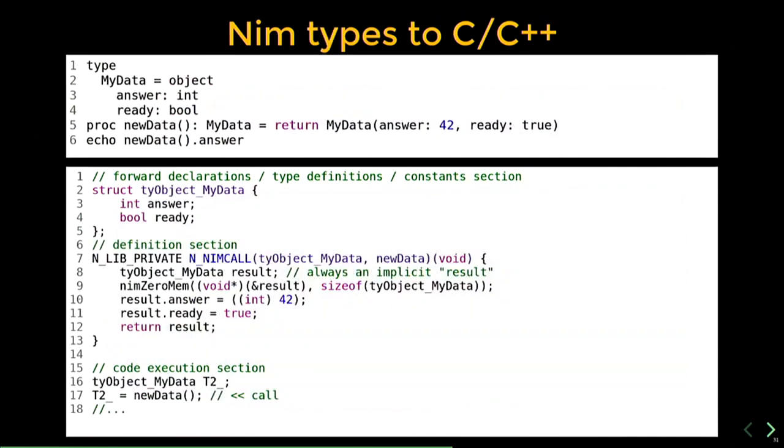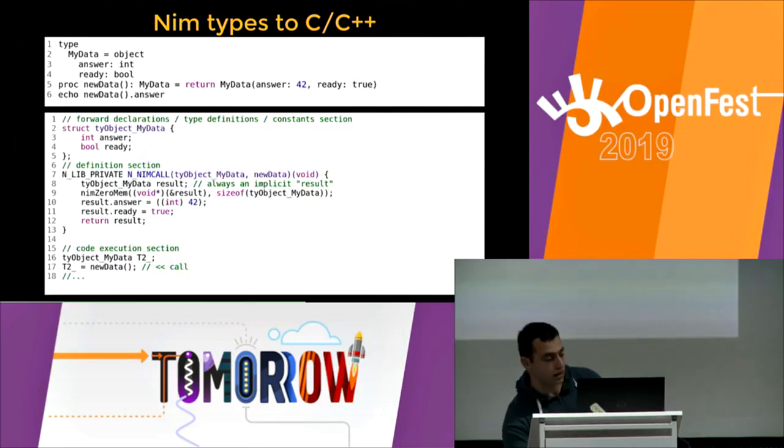Here we have a definition of a type, which has an integer and a Boolean inside of it. We also have a function which returns an object which is constructed with specific values. And then we call that constructor and we echo the answer. Again, only a part of the final source file will look something like this.